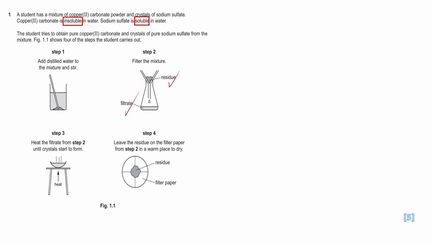One of them is insoluble, copper 2 carbonate, and the other one is soluble, sodium sulfate. Mainly we depend on the filtration process, the steps for filtration, and how to separate both salts from each other.